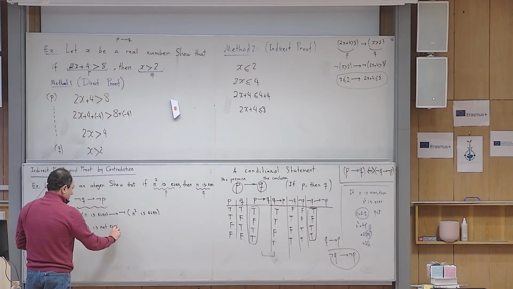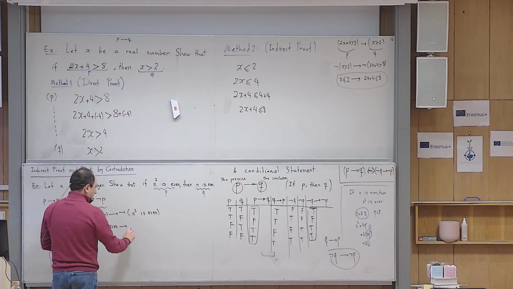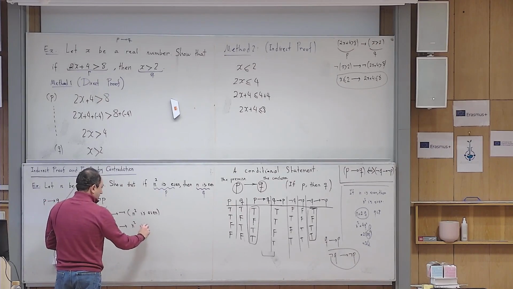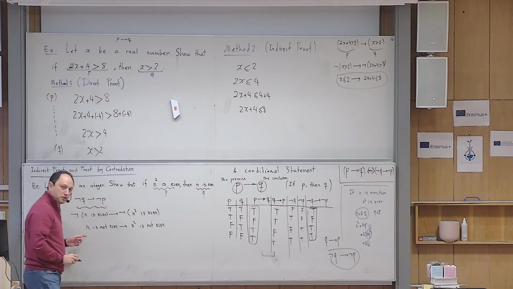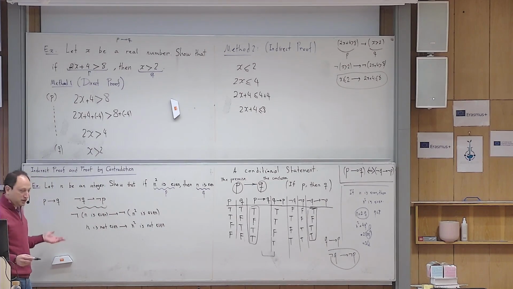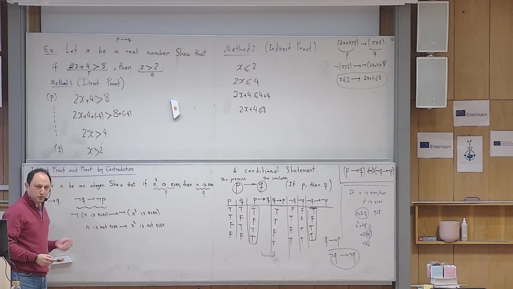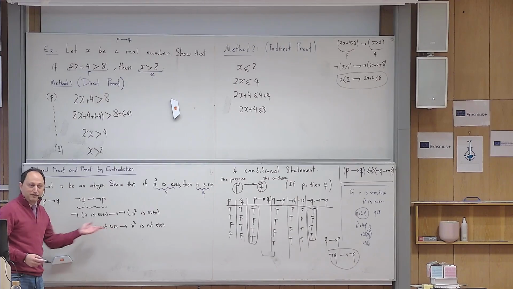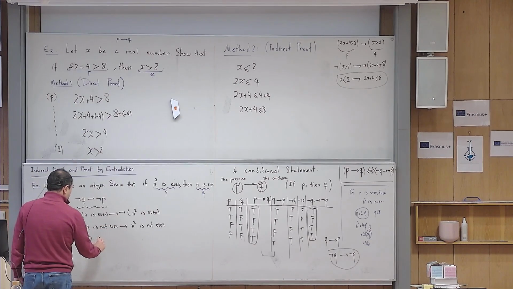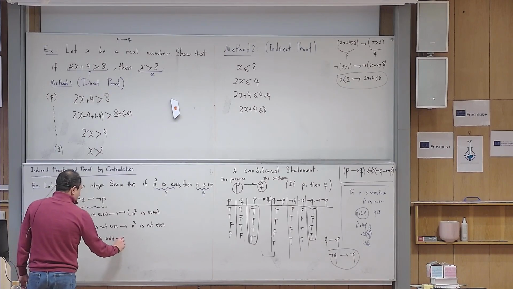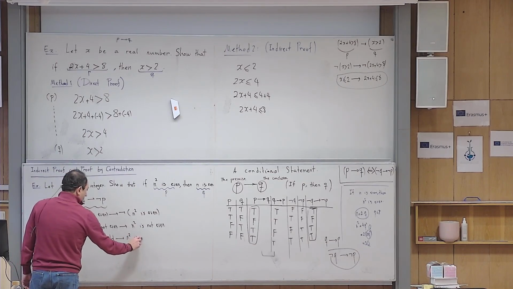Then n squared is not even. In this special case, you can even write it better. This is not always possible, but we have a word in English for not even. It is odd. So if n is odd, then n squared is odd.